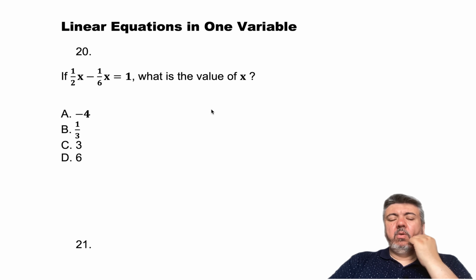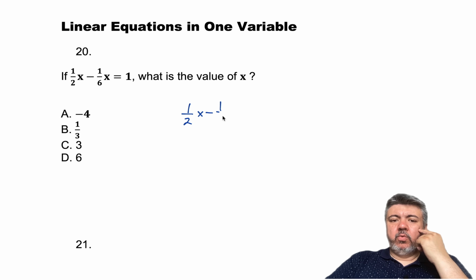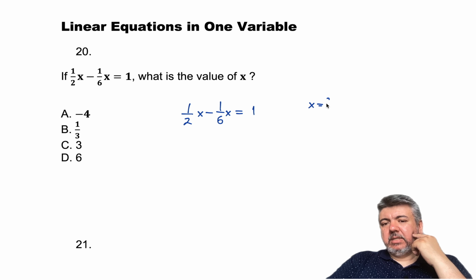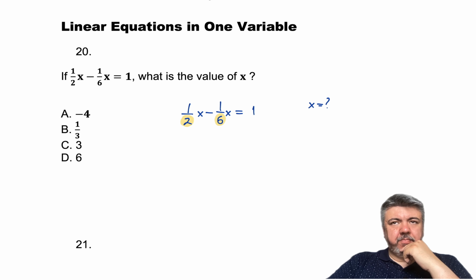Question 20. 1 over 2x minus 1 over 6x equals 1. What is the value of x? Okay, I have a trick for this one. I have 2 in one denominator and 6 in the other, so their LCM, their least common multiple, is 6.